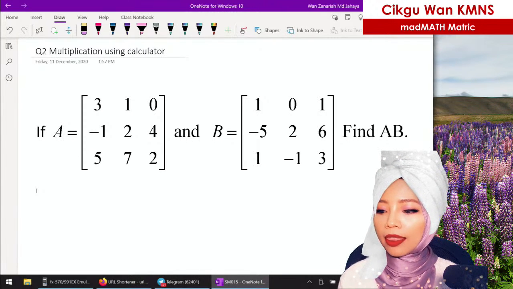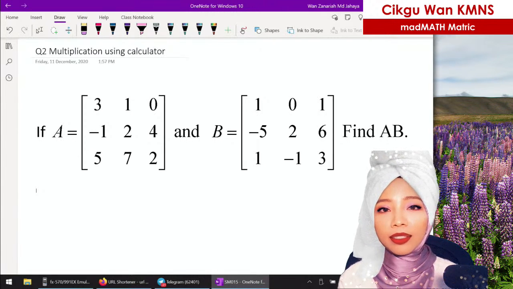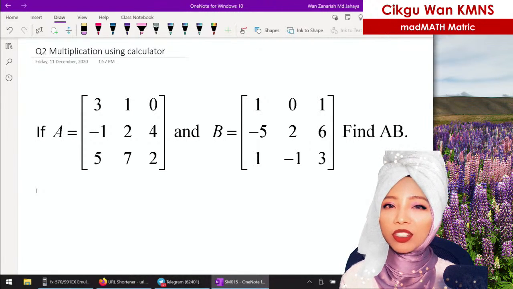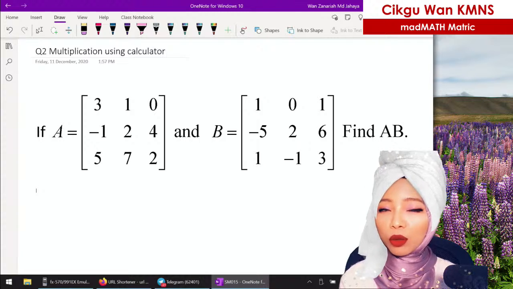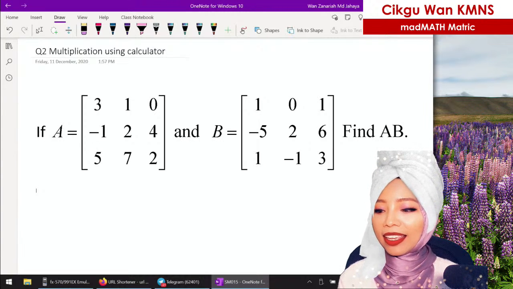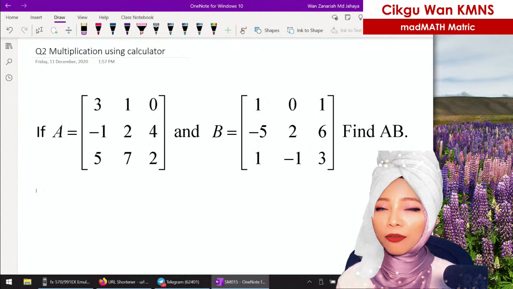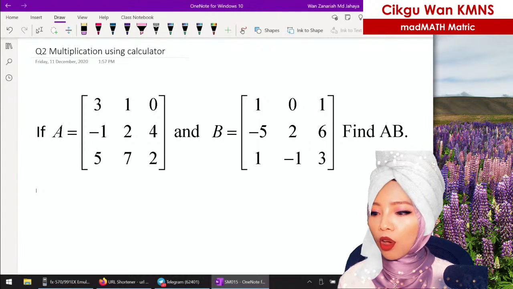Okay, and then the next subtopic is 7.2, which is finding the determinant of the matrices. So this is what I am going to highlight tonight. We are going to find the determinant, finding the minors, finding the cofactors.